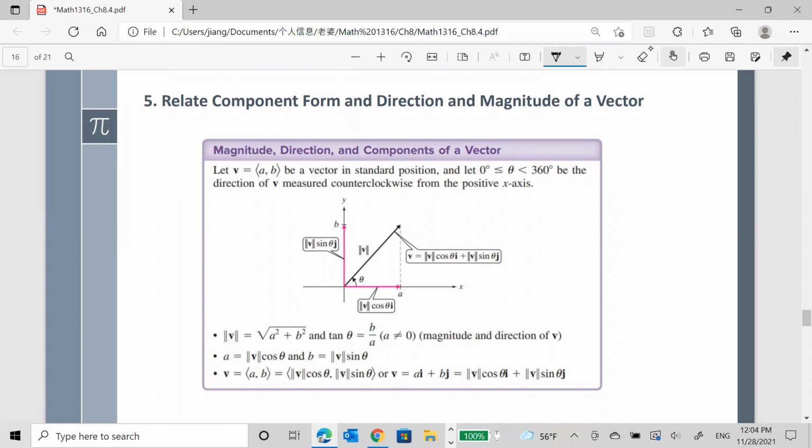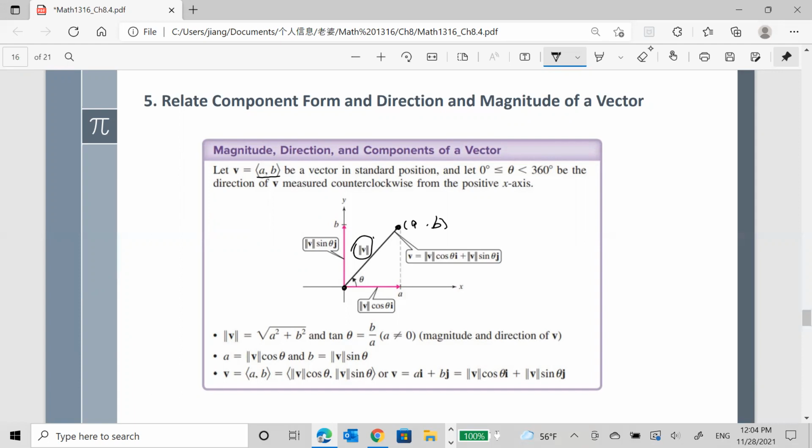So let v equals ab be a vector in standard position, and theta, between 0 degrees and 360 degrees, be the direction of v measured counterclockwise from the positive x-axis. So look at this. This is the magnitude of v, from the initial 0, 0 to the endpoint ab.